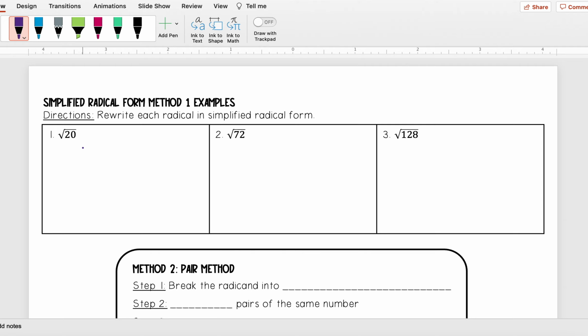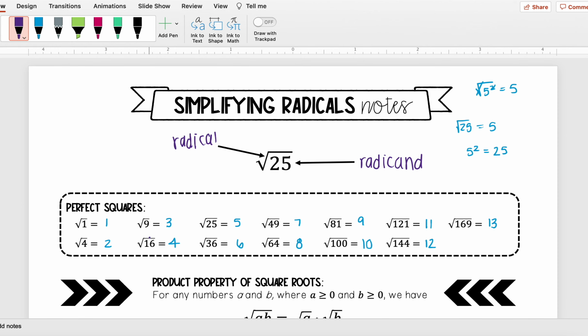So here I have the square root of 20, and using method 1, I want to break this up so that I have my perfect square factors broken up. To do this, I would recommend looking at this list. So you might want to start at the next number that's smaller than 20.